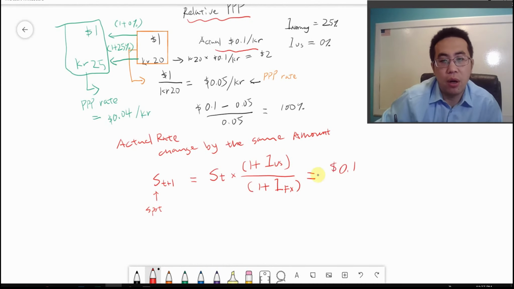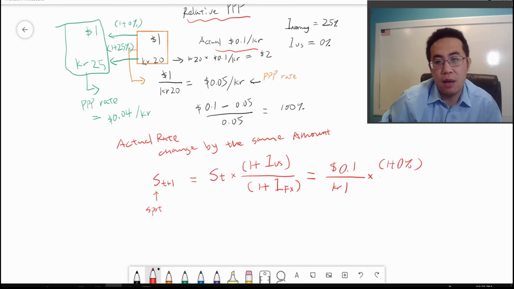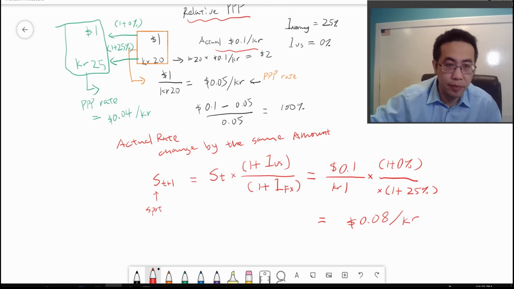So if you do the calculation, the actual exchange rate was $0.01 per 1 krone. So you see that dollar is on the top, krone is on the bottom, and then you will multiply the dollar inflation on the top. That's very reasonable. And then on the bottom, you will multiply the krone inflation. Alrighty, and this is going to give you $0.08 per krone. You can verify that number.